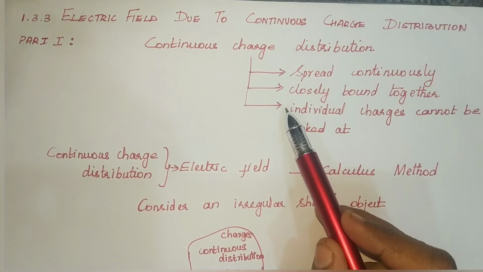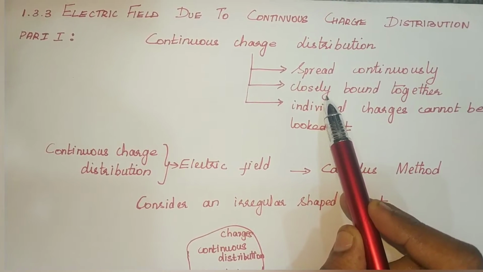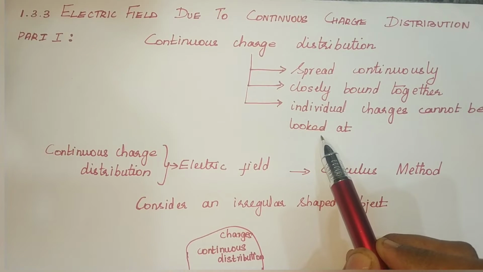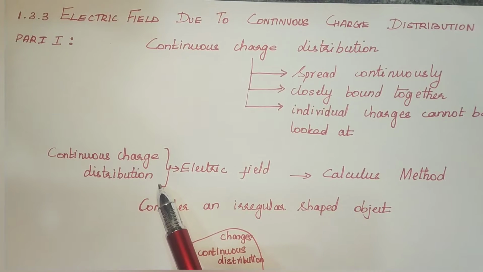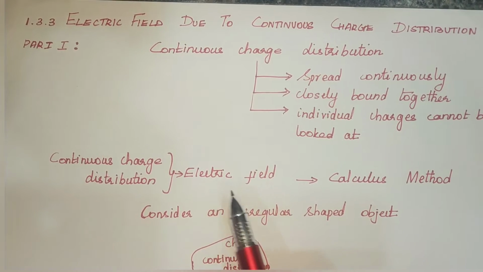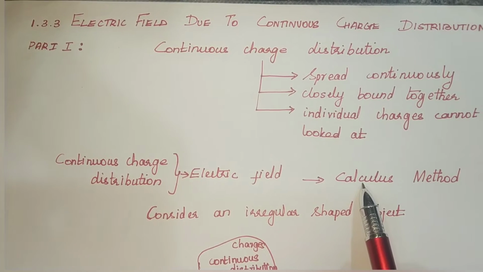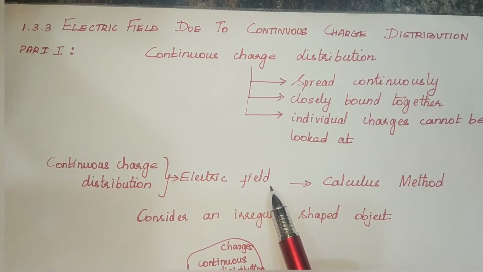But in the case of continuous charge distribution, the charges are closely bound together and the individual charges cannot be looked at. And for continuous charge distribution, to find the electric field at the point, we are using the method of calculus.